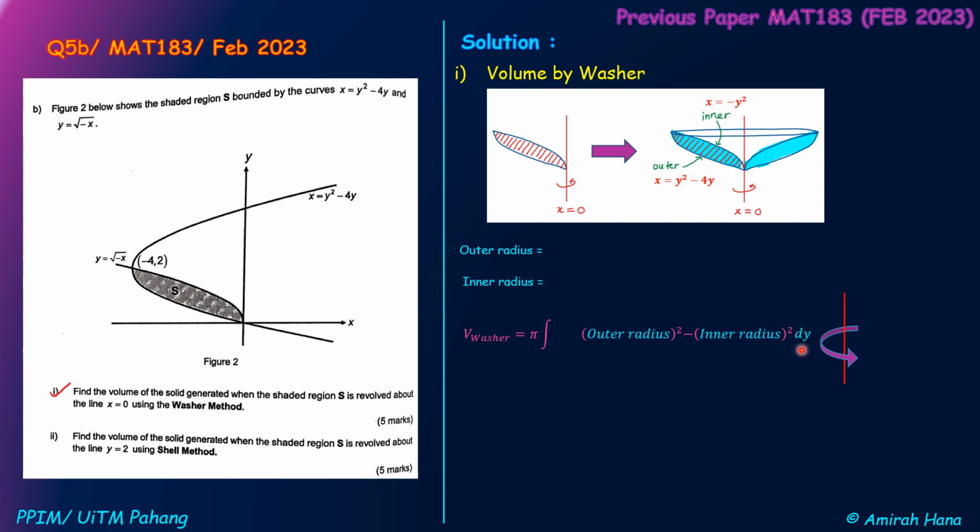So, if we integrate with respect to y, the lower limit must be taken on the y-axis. So, on the y-axis, we start from the lowest point, y equals 0. Then the upper limit is here. Okay, the upper limit, y equals 2.